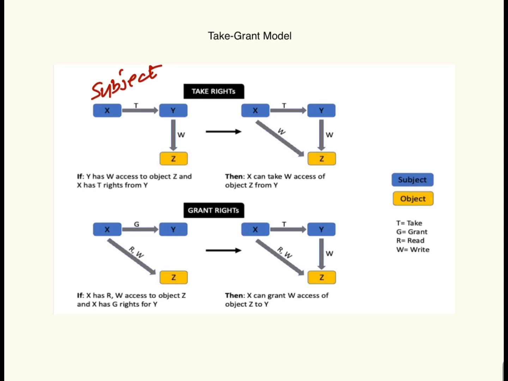But Y has write access to object Z. If Y has W access to object Z, and X has take rights from Y, then X can take W access of object Z from Y. Now subject X also has write access to object Z. So Y has effectively provided write access to X.